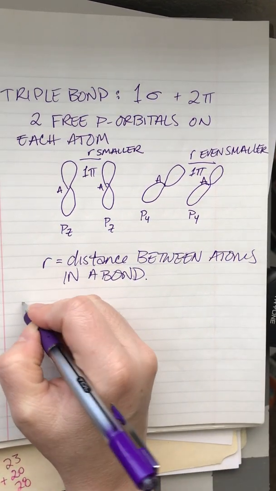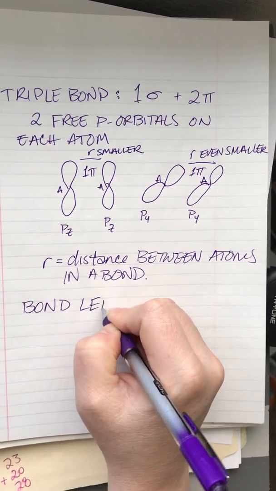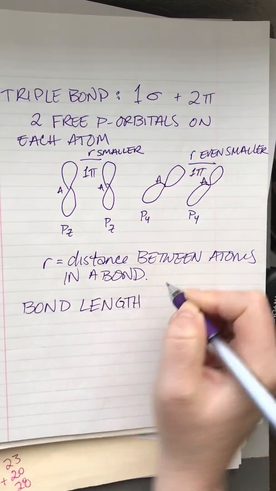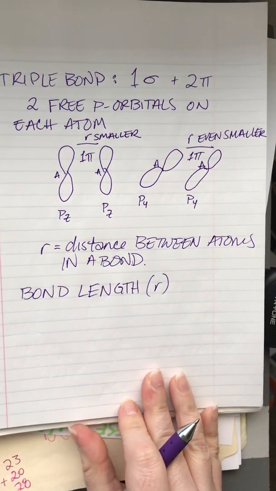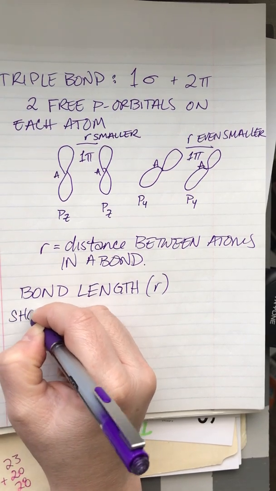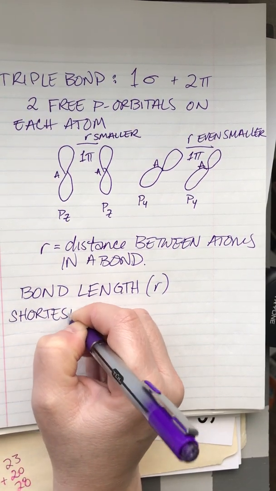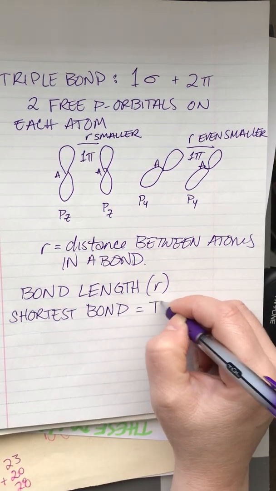So when we talk about bond length, which is essentially your R, the shortest bond is a triple bond.